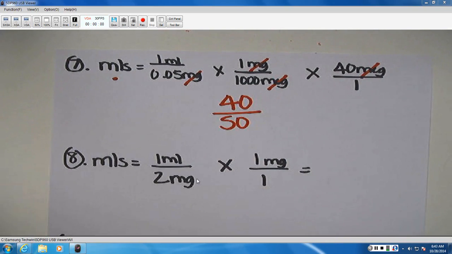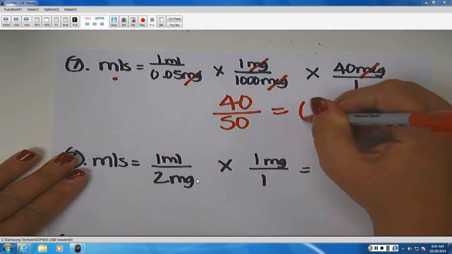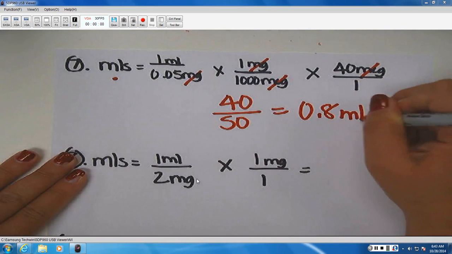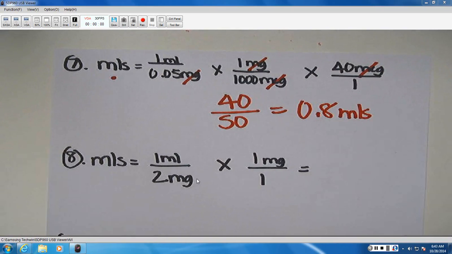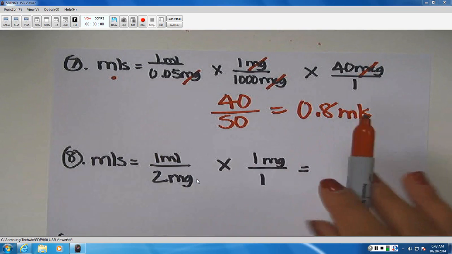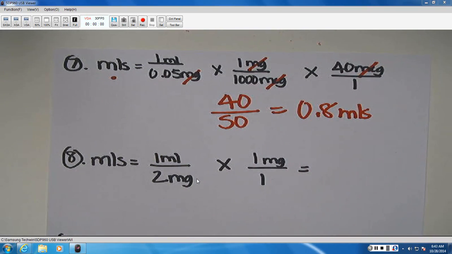And if I take 40 divided by 50, it equals 0.8 mLs. So in order to give 40 micrograms of the Lanoxin that the physician ordered, with the dosage that I have on hand, I'm going to give 0.8 mLs of it to equal that 40 micrograms.